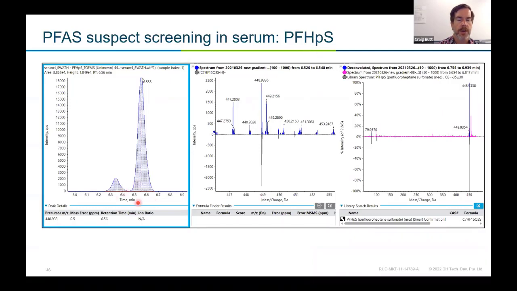And much like other compounds originating from electrochemical fluorination, we do have a branched isomer peak as well as the main linear peak. And again, we've got a good mass error and really good fragmentation pattern match, confirming the identity of what's in our sample.